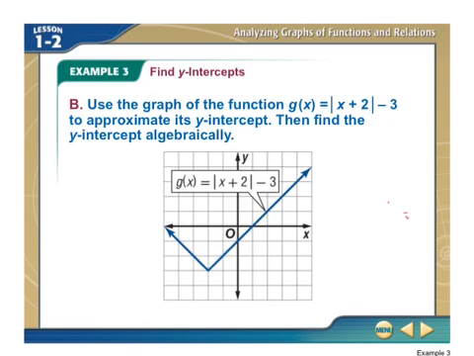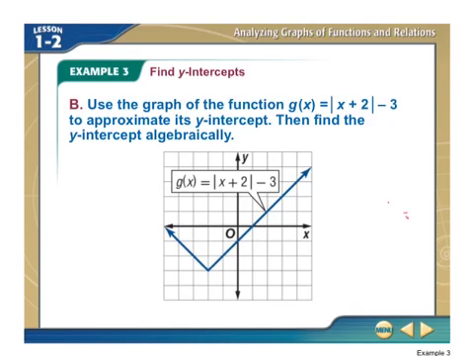Looking at another example to find a y-intercept, we are going to use the graph of the function g of x equals the absolute value of x plus 2, minus 3. To approximate its y-intercept, we are going to use the graph.